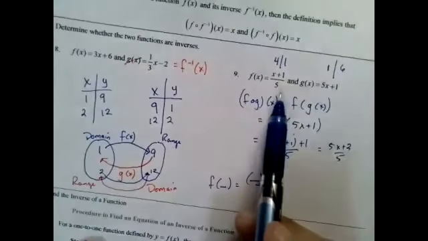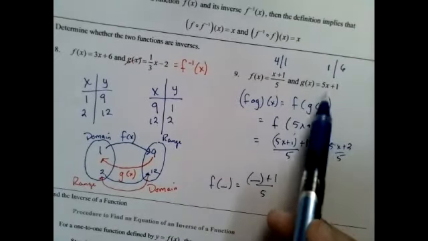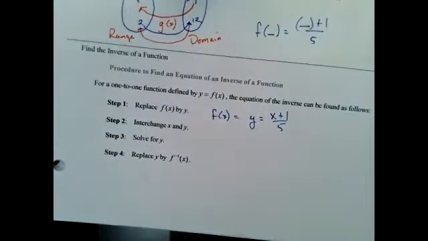Because when I looked at this one, it didn't work. This was not its inverse. But can I find an inverse? That's a great question you just asked. Whoever asked that question, 1 point for Gryffindor. Nice job. Okay, so I want to find the inverse function.